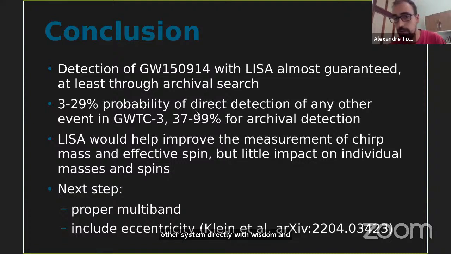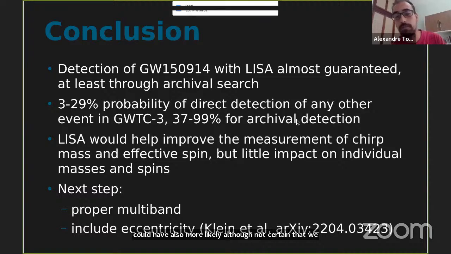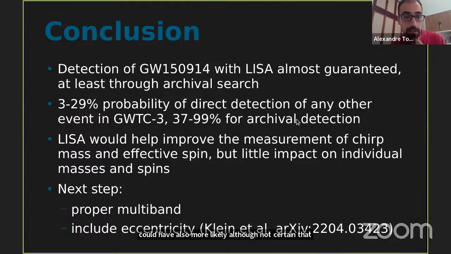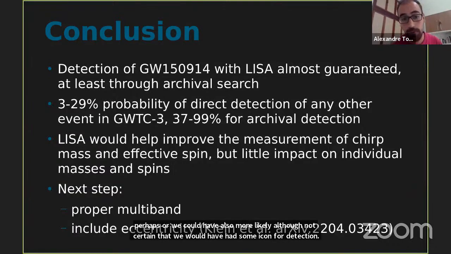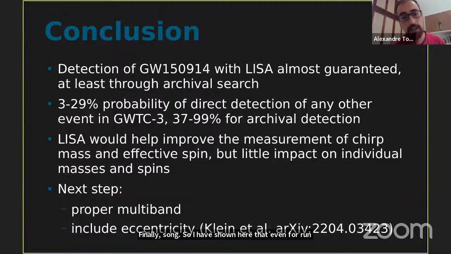It's more likely, although not certain, that we would have had some multiband detection. Finally, I have also shown that even for rather low SNR systems, LISA would improve the measurement of chirp mass and effective spin, but usually when you translate that into individual masses and spins, LISA has a smaller effect.